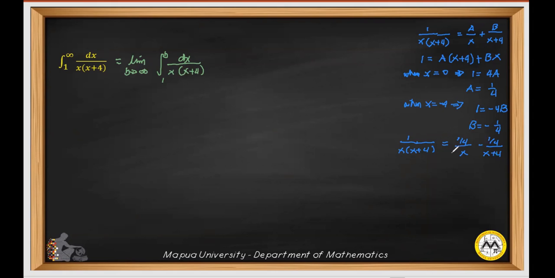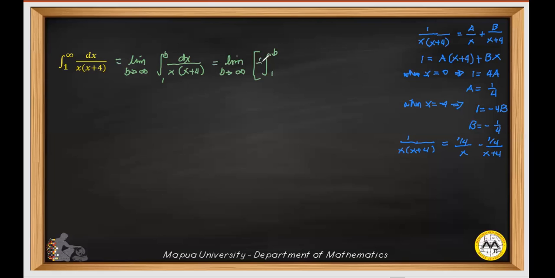Since we have here the decomposition of 1 over x times x plus 4, then this is equal to the limit as b increases without bound of the integral from 1 to b of 1 over 4, since A is 1 over 4.